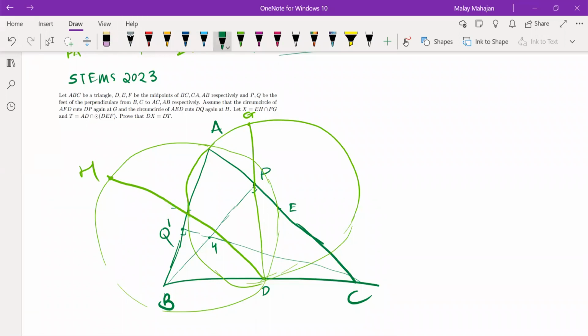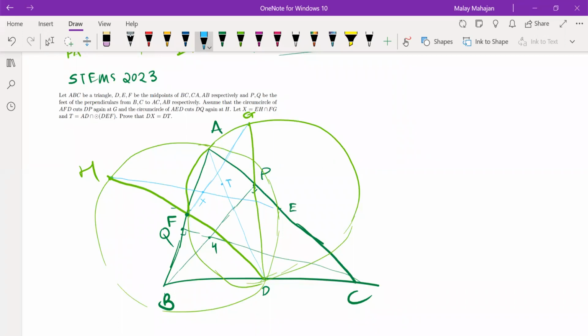H. H cap FG. Finally, the 9-point circle cap DA is D. Yeah, T is 9-point circle cap.